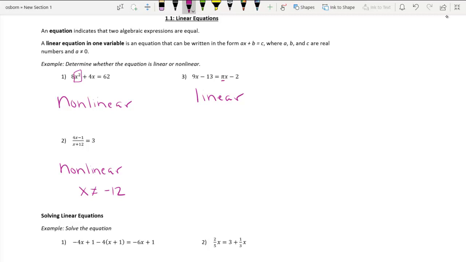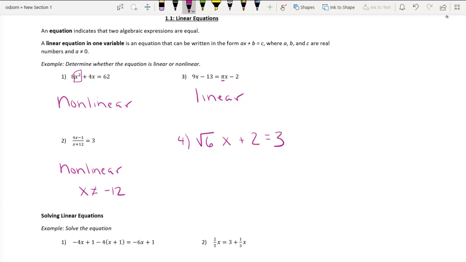Now I do want to take a second to show you one more example, and this is one that I've noticed quite a few people get wrong in the homework in the past. So this would be one where you've got, let's say, the square root of 6 times x plus 2 equals 3.